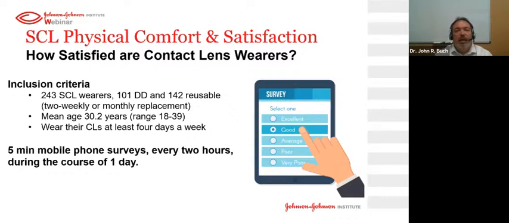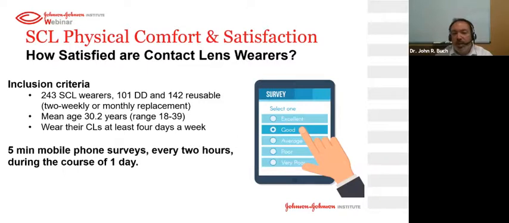The survey also illustrates how physical and visual comfort play a role in overall satisfaction. In this study, we had 243 soft contact lens wearers enrolled. 101 of them were daily disposable wearers, and 142 were reusable wearers.